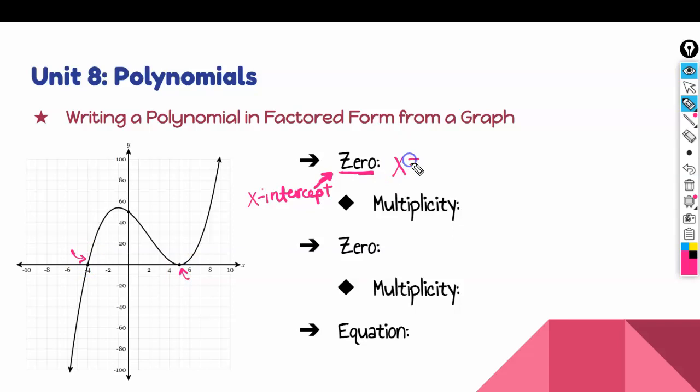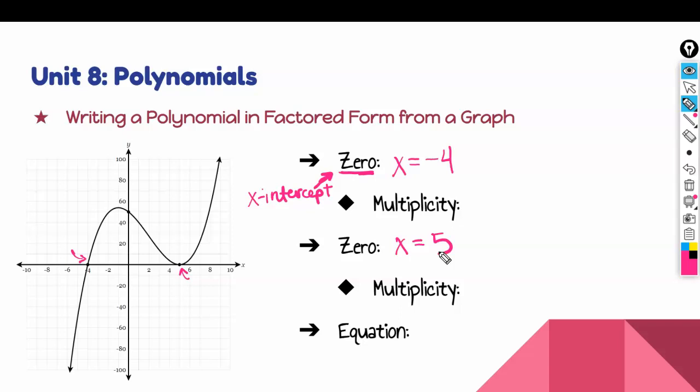So, hey, that's one. And the other one is at x equals 5. Now, I want you to remember many things here, or you could write the example down, whichever way.